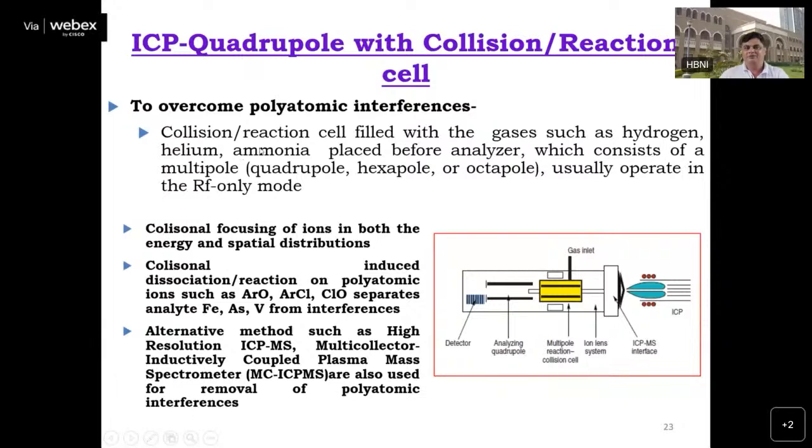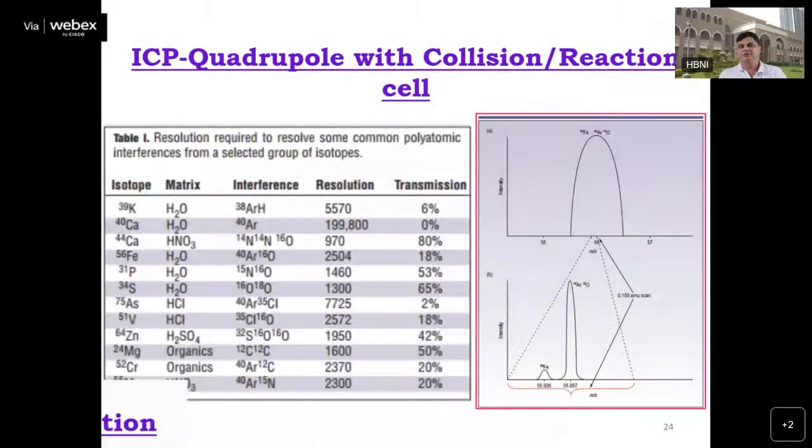In this collision reaction cell, the cell is filled with gases such as hydrogen, helium, ammonia, placed before the analyzer, and consists of multipoles, that is a quadrupole, hexapole, and octapole, usually operated in an RF-only mode, that is radio frequency only mode. That's how we can avoid these polyatomic interferences.